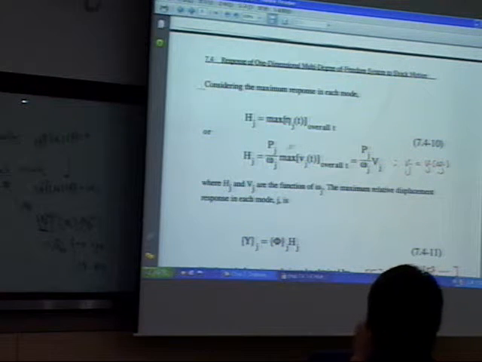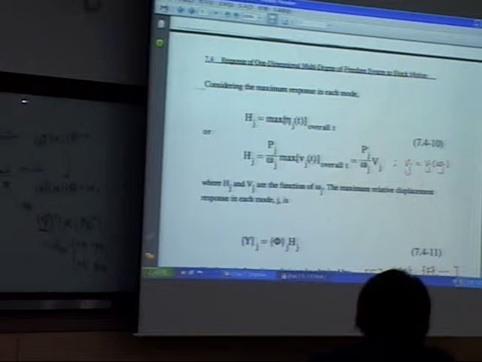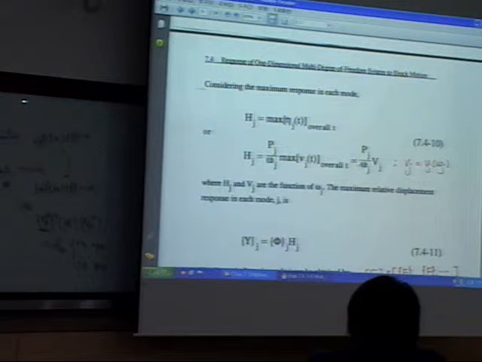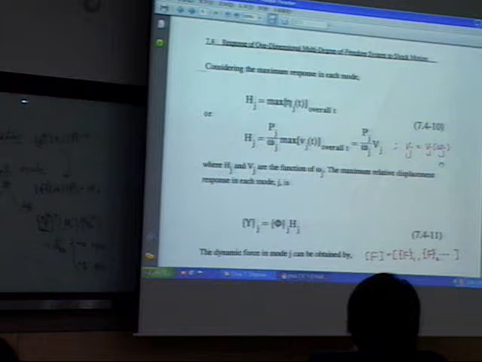Then I'm going to say that maximum small Vj in time domain, I'm going to call capital Vj, which is in the omega domain. So here Vj is a function of omega j. Okay, omega j.